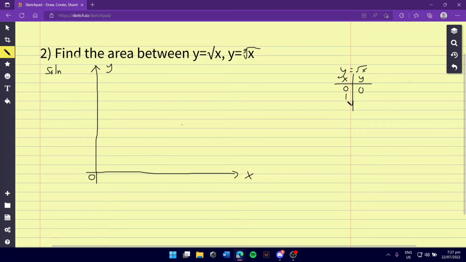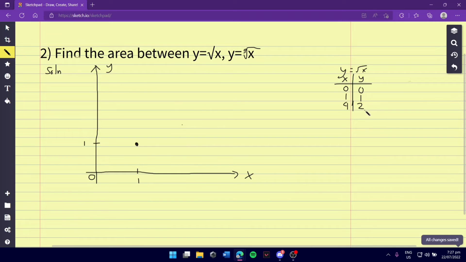If x equals 1, then the square root of 1 is 1. Then we will use 4 here to make the square root of 4 equal 2. So let's say this is your 1 and this is your 1. So we have here our first point.